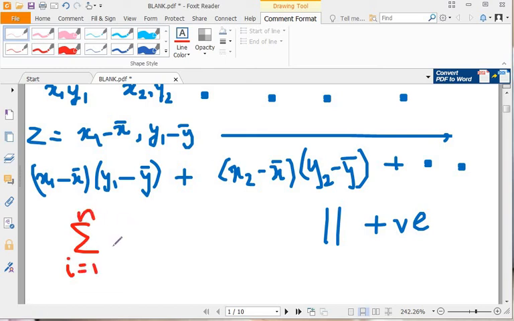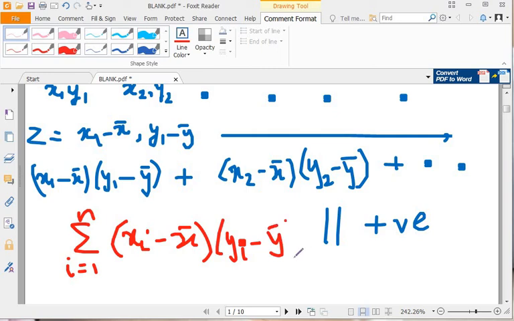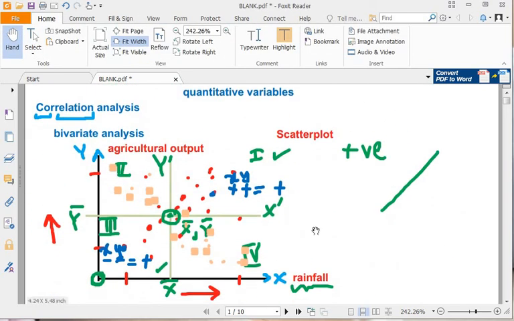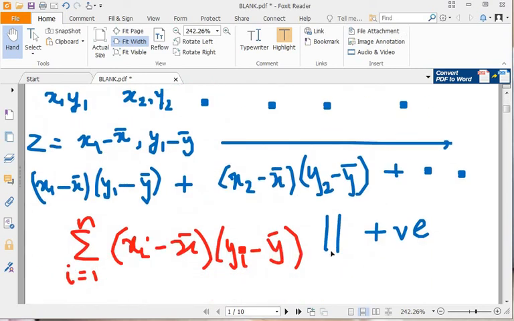Suppose you have n data points, you would have xi minus x bar into yi minus y bar, something like that, and that would essentially give you some idea about how your data behaves, whether it's a positive relationship type or a negative relationship type. So this is essentially the beginning point of the correlation analysis. Now there are certain developments which we'll be developing in our further videos. This is basically the main concept of correlation analysis.